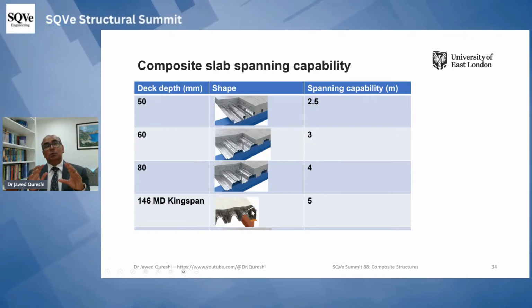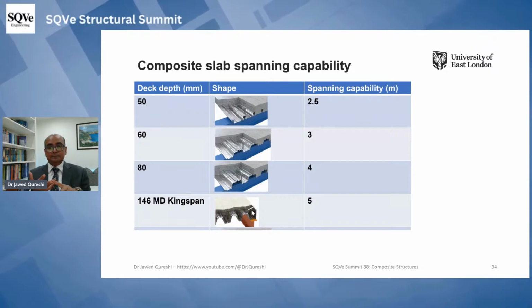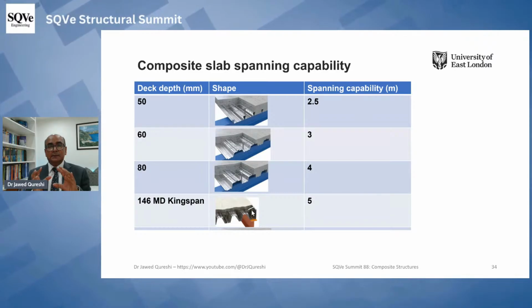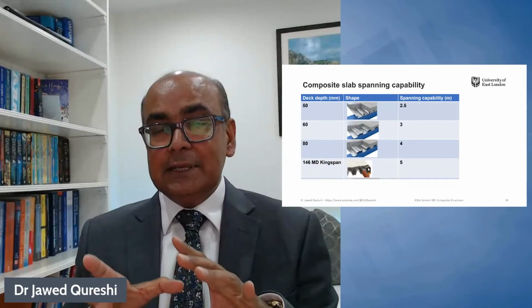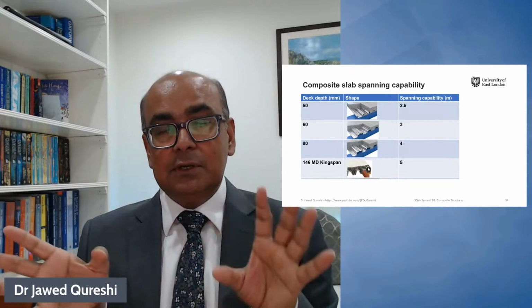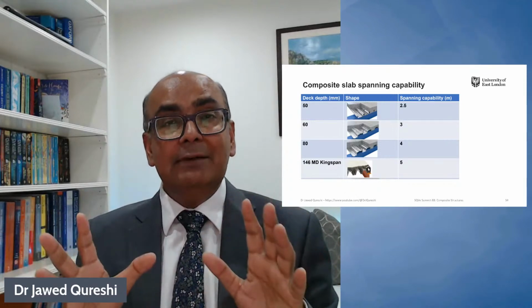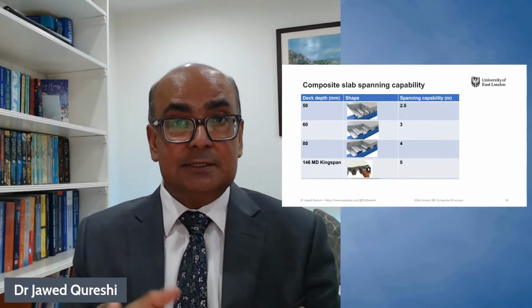Remember that all design codes, American, Canadian, Australian, British, Eurocodes, they are all based on testing for sheetings which were from 50 to 80 millimeter deep deckings. So for anything beyond 80 millimeter, 100 or 120 or 150, we don't have any formula for shear studs.